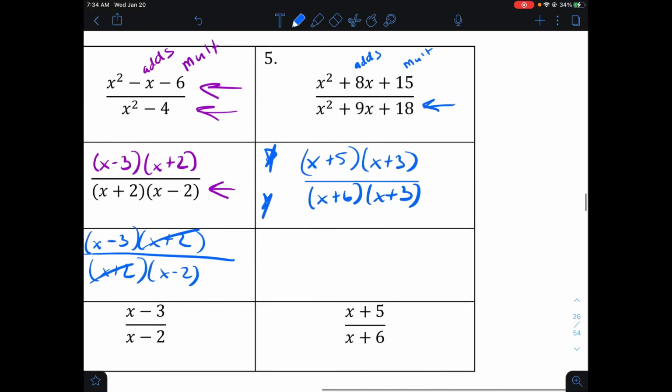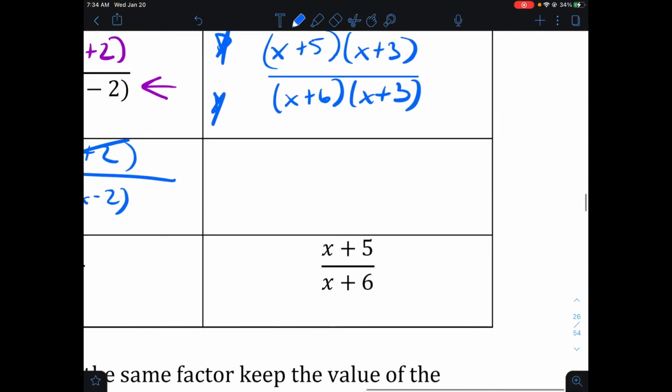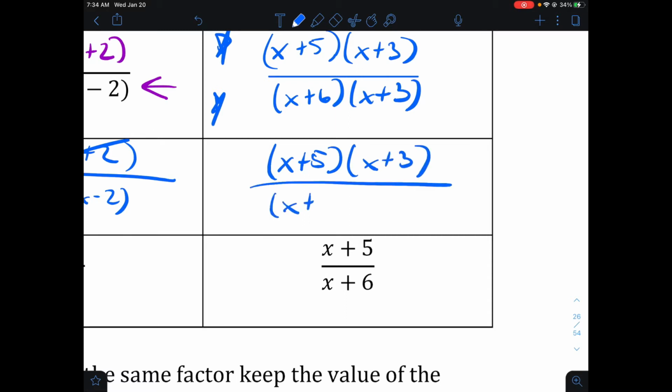All right. Now we'll rewrite this down here. Look, what factors can I cancel from the top and the bottom? You should be able to cancel the x plus 3 and the x plus 3, which would give you the x plus 5 over the x plus 6.